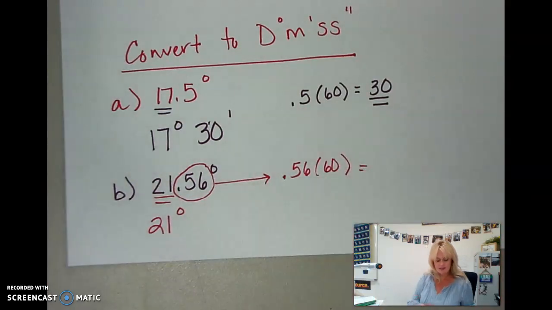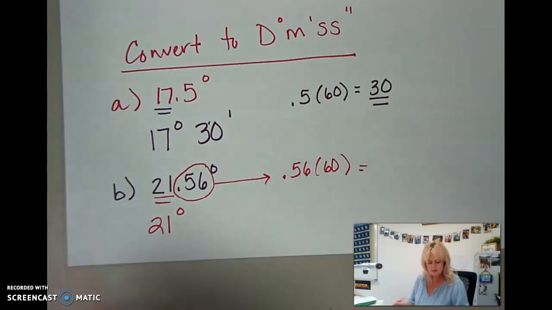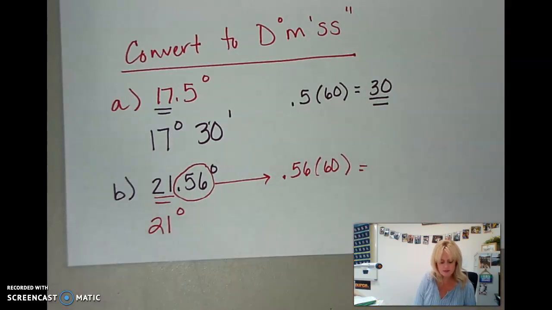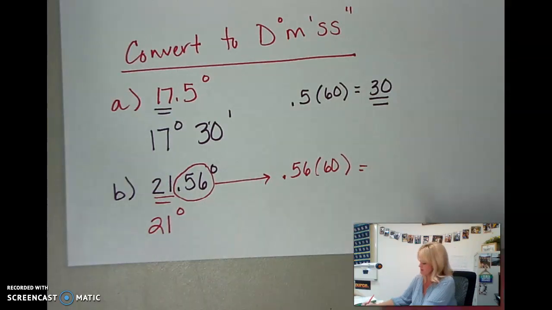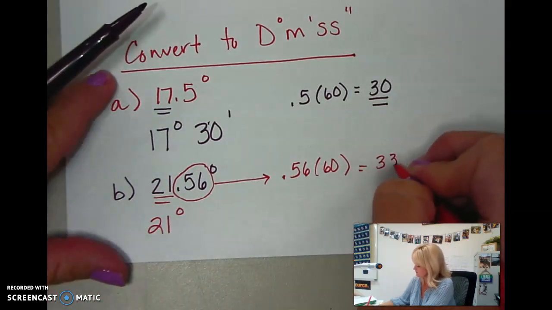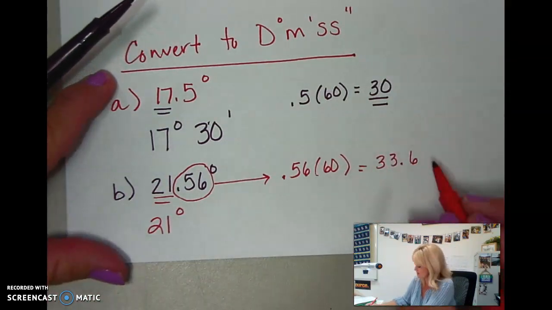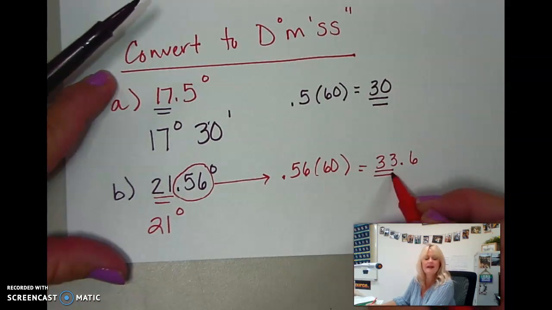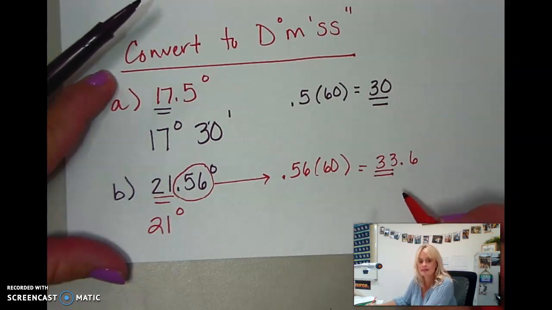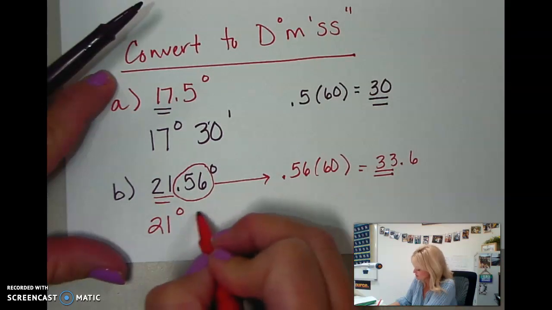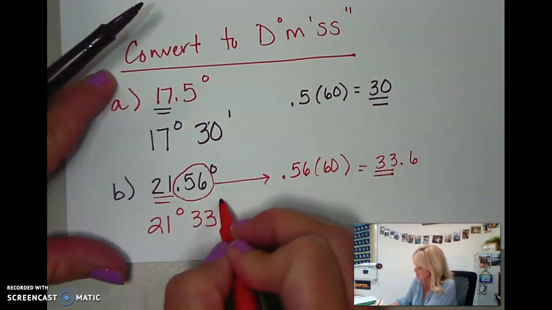And when I do that, I get 33.6. You are now going to take this whole number, and that is your minutes. So this is now 33 minutes.